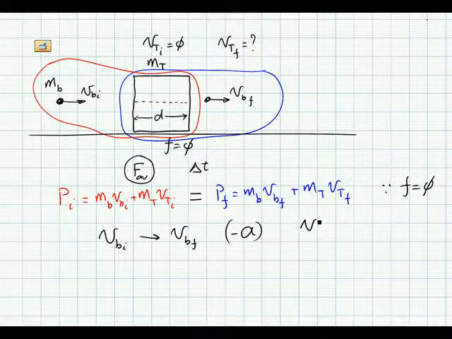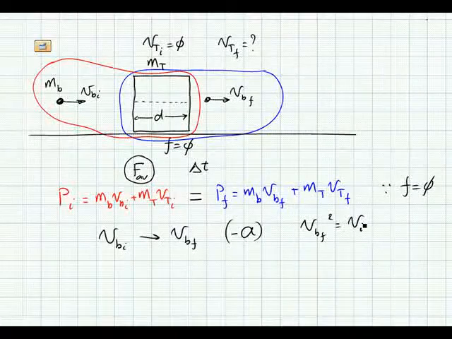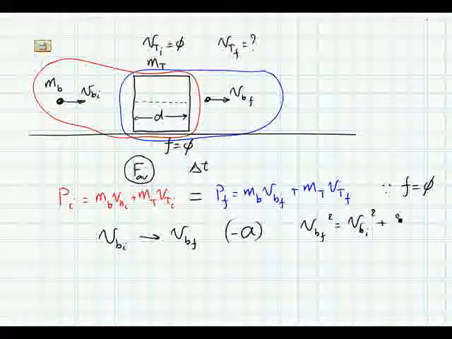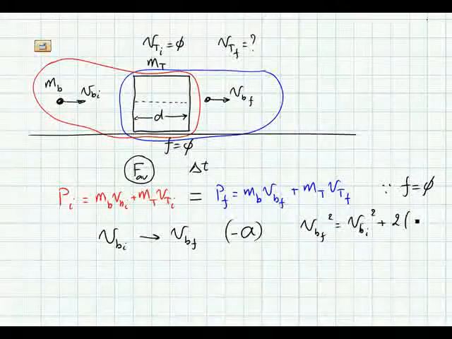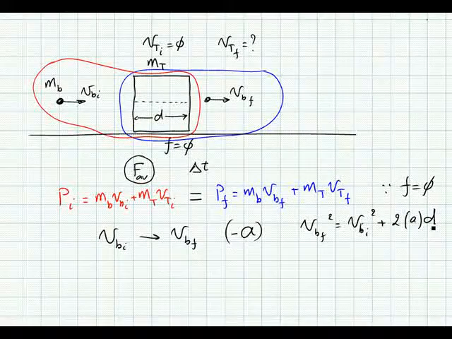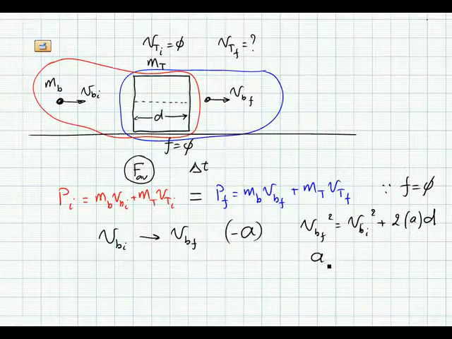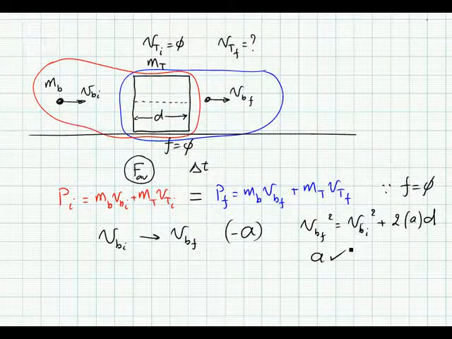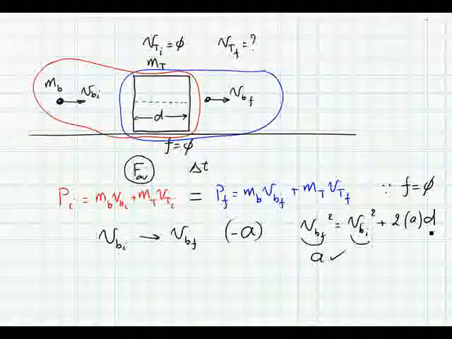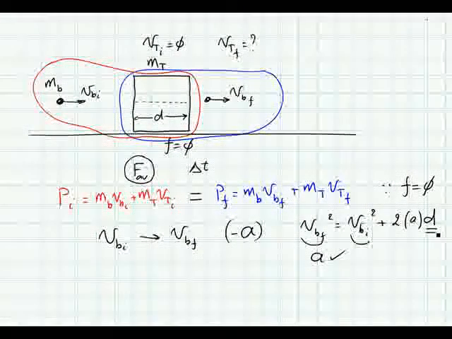Using the kinematic equation, velocity final squared is equal to velocity bullet initial squared, plus twice acceleration times the distance that it travels, d. You can now figure out what a is, because you know final velocity, you know initial velocity, and the thickness is given, so it's a trivial matter.